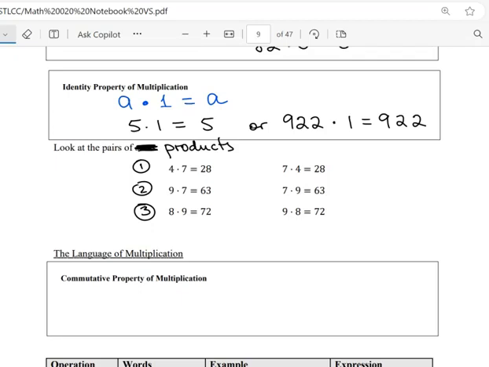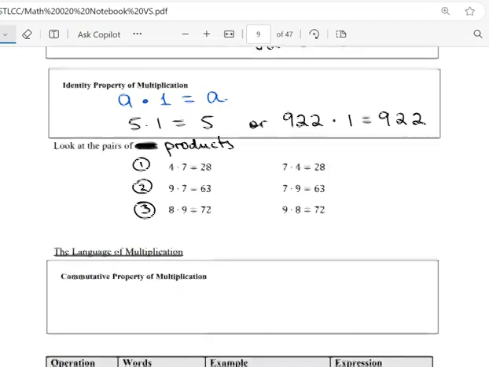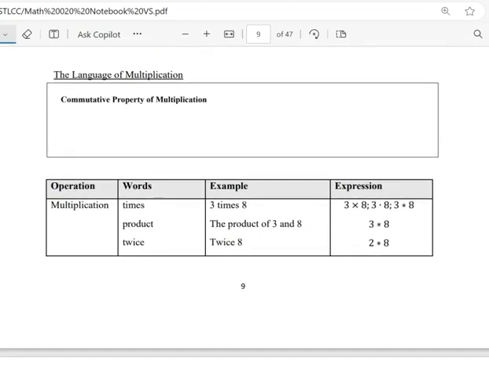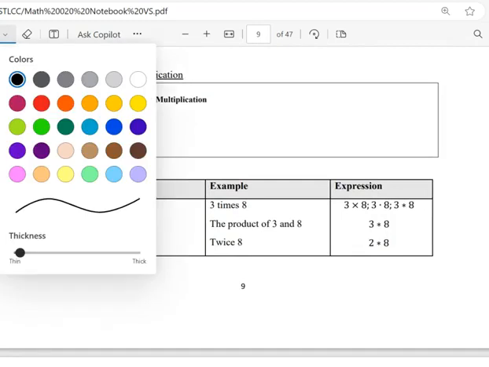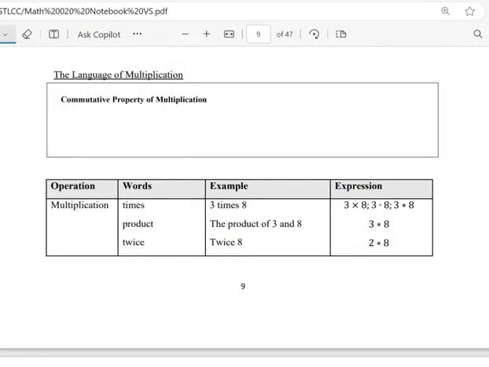And finally, 8 times 9 is 72, and 9 times 8 is 72. So just like we did with addition, when you multiply two numbers, the order is not important. So the commutative property of multiplication says A times B is the same as B times A.